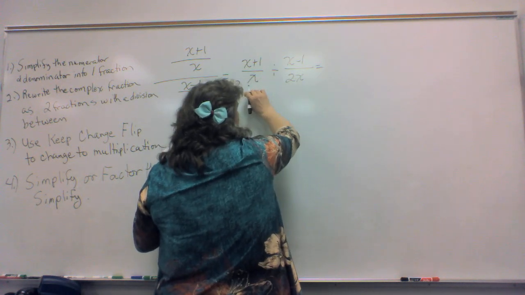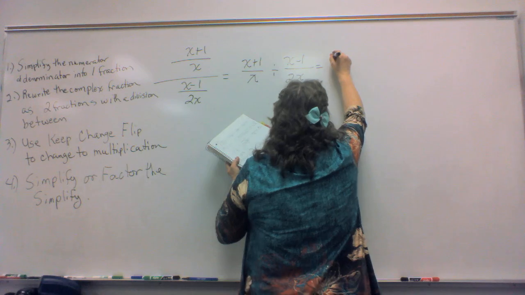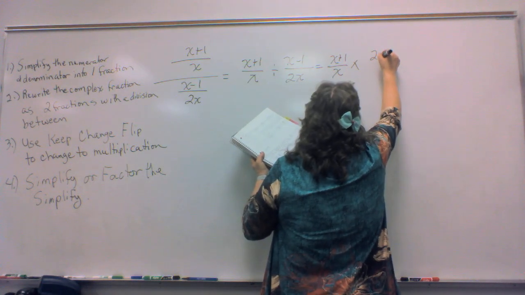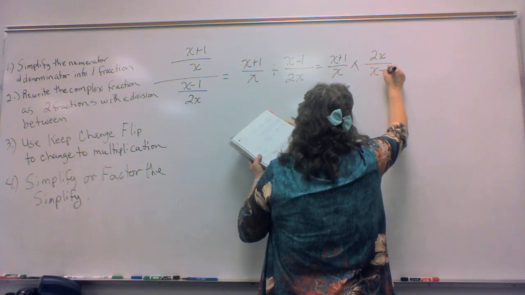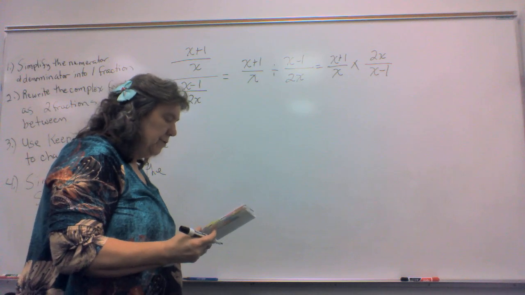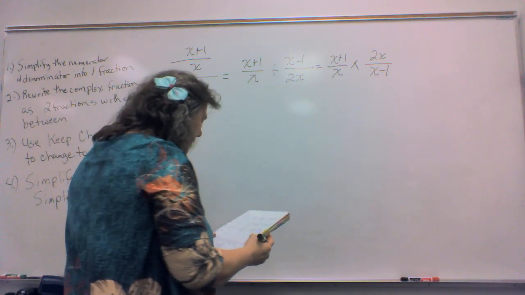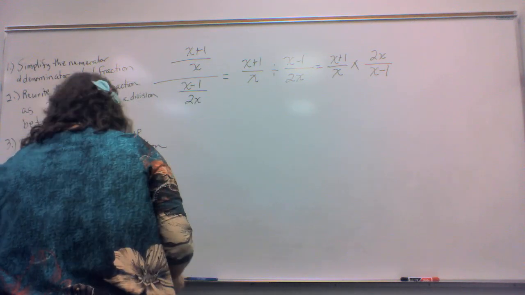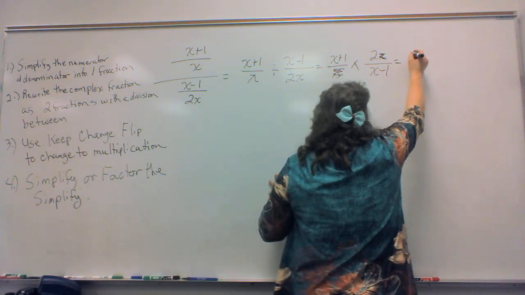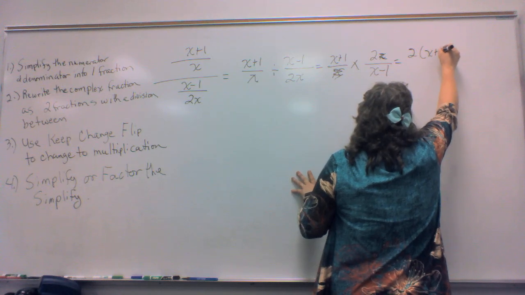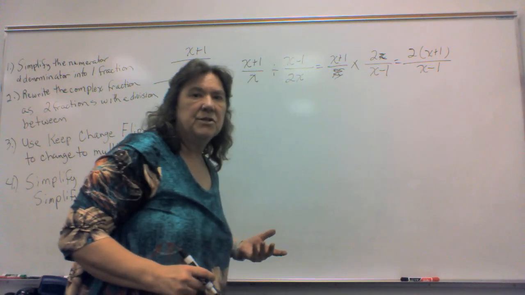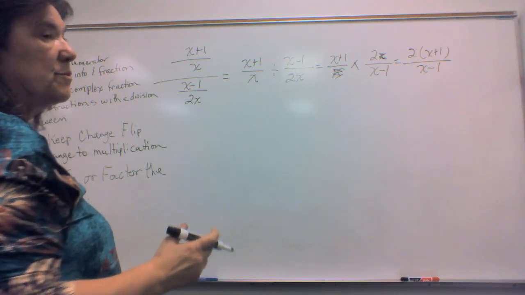Now, keep, change, and flip: x plus 1 over x times 2x over x minus 1. Now, we are ready to do our process to be able to simplify this. So what's it going to be? Well, x and x cancel, leaving me 2 times x plus 1 over x minus 1. And that is finished. So you can see this works really nicely.